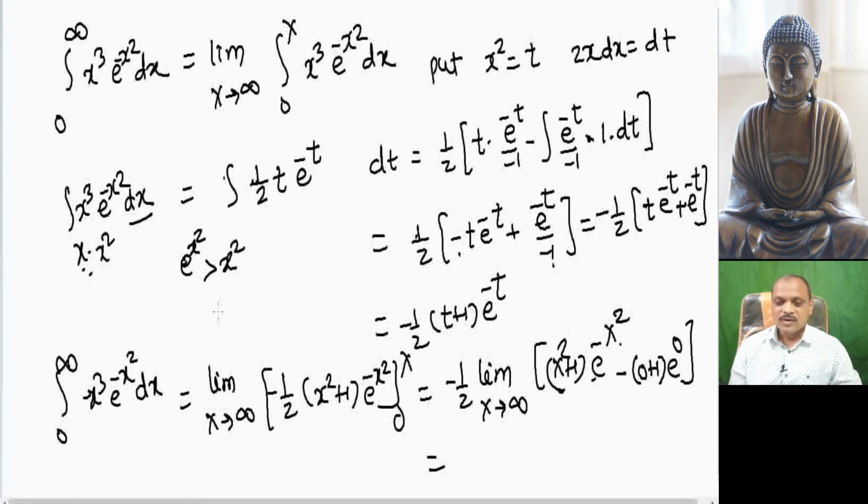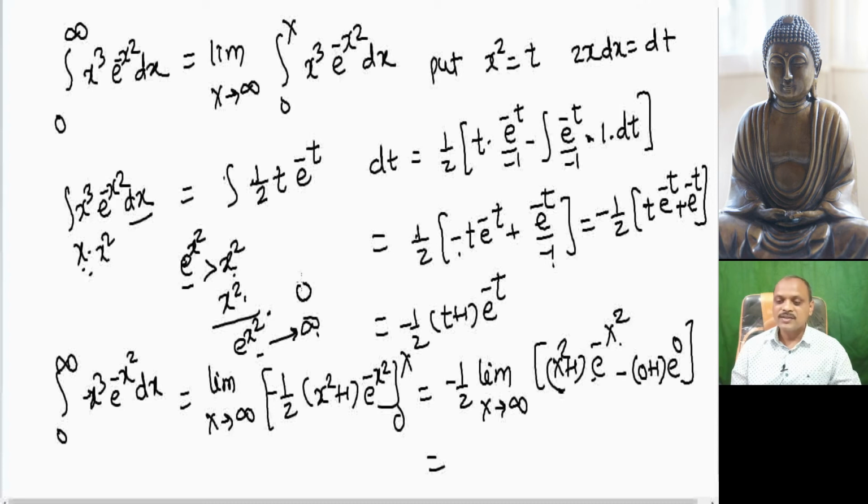Therefore, you can see that the denominator is greater, and hence it goes faster to infinity than the numerator x square. Therefore x square divided by e raised to x square, this term, the denominator is greater, and hence it goes faster to infinity than the numerator. As the denominator goes faster, this tends to 0.